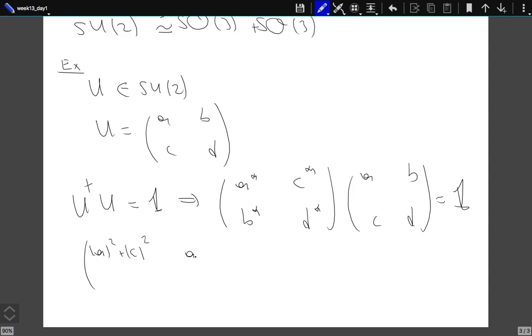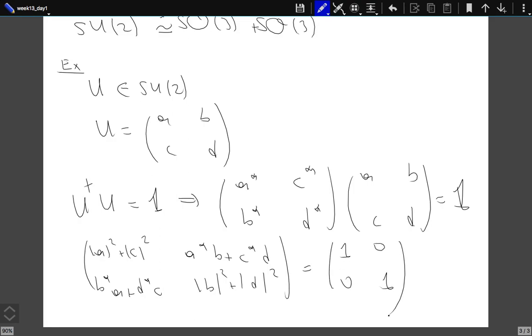The 1, 2 element is A star B plus C star D. And the 2, 1 element is B star A plus D star C. And the 2, 2 element is |B|² plus |D|². This should be equal to the identity, 1, 0, 0, 1.